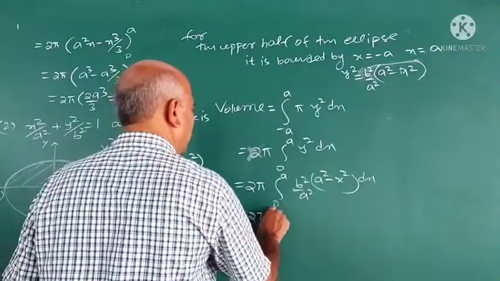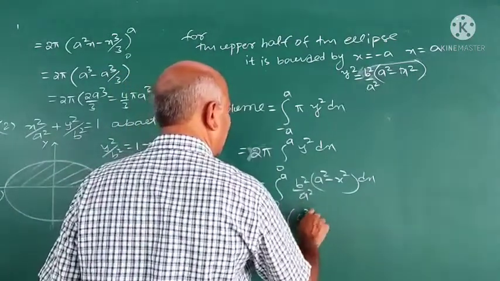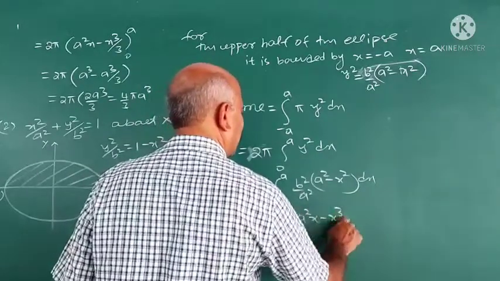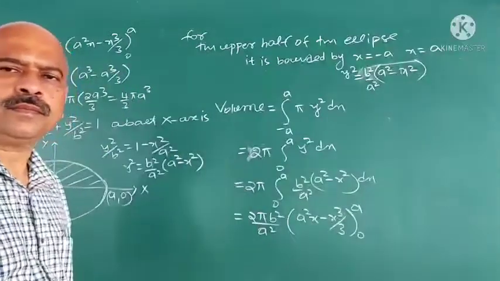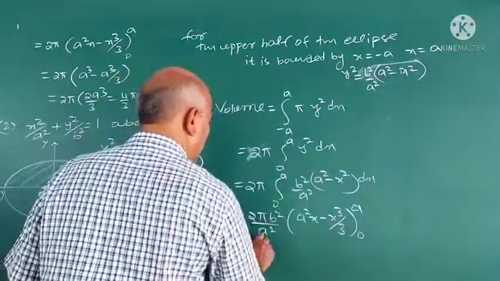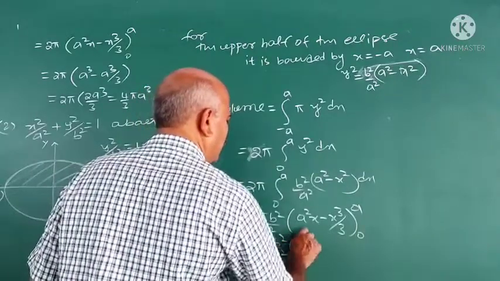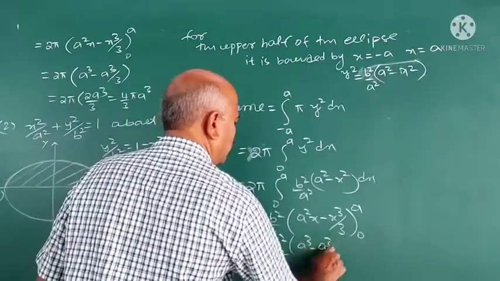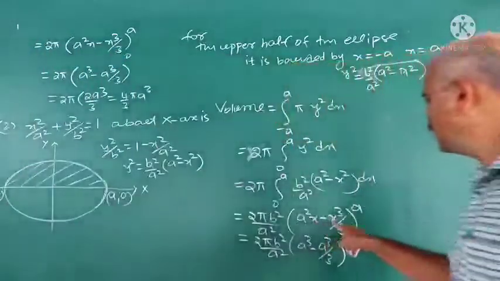2 pi b square by a square into a square x minus x cube by 3, from 0 to a. That is 2 pi b square by a square into a cube minus a cube by 3, because the lower limit gives only 0 here.